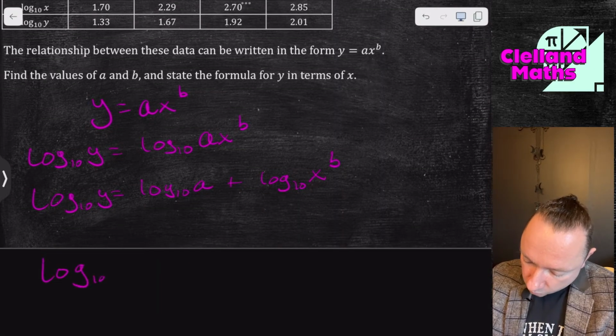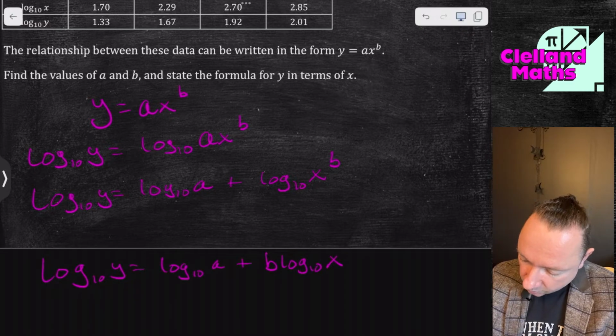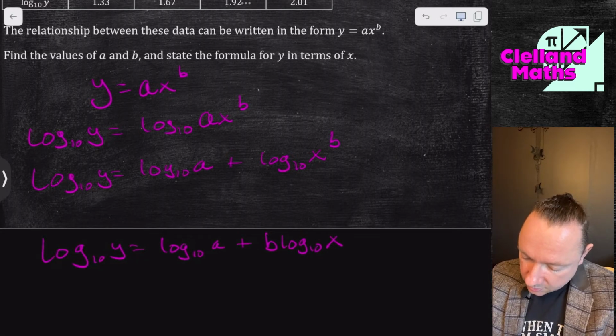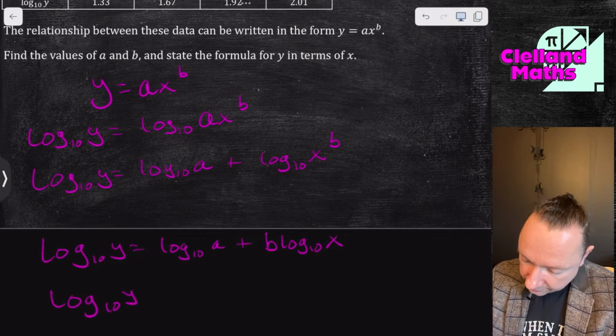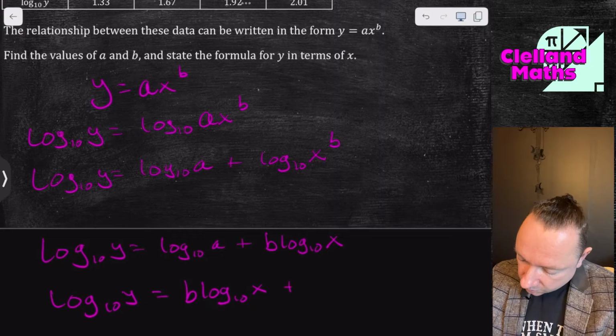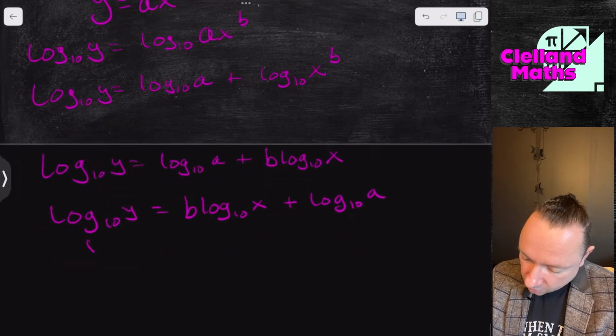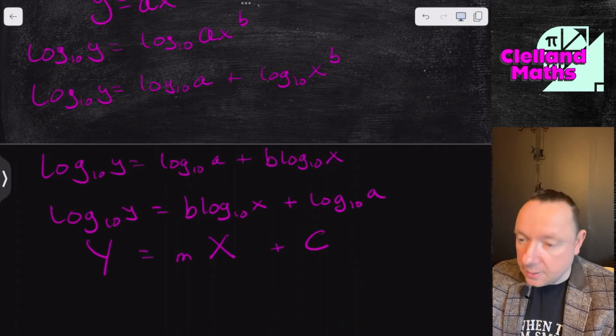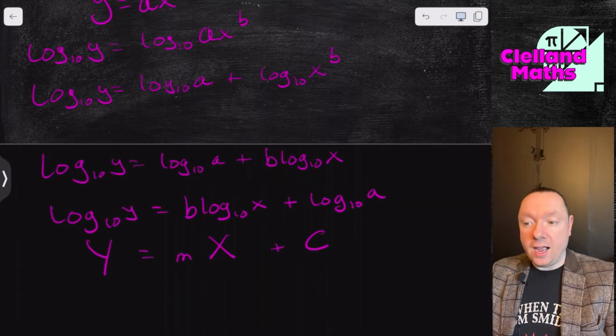Log base 10 of y is log base 10 of a plus b log base 10 x. I want mx plus c, remember. So log base 10 y equals b log base 10 x plus log base 10 a. And now I can see that's like y equals mx plus c. So now I can use that knowledge.